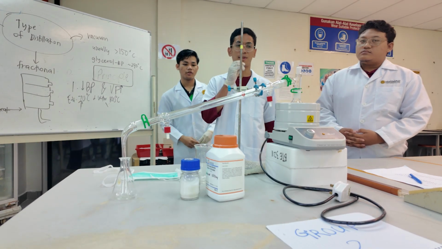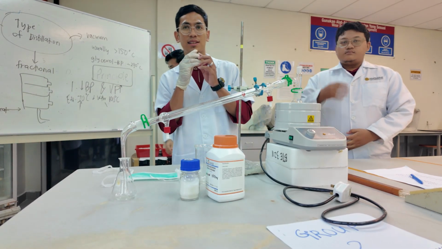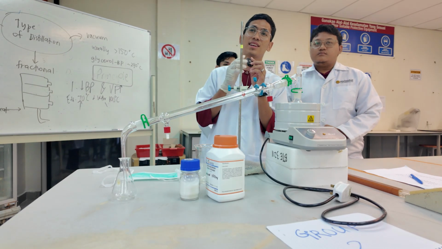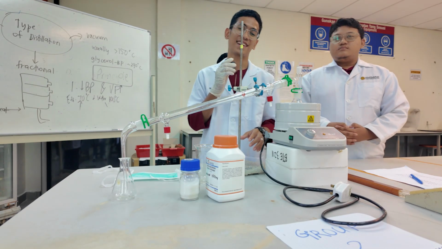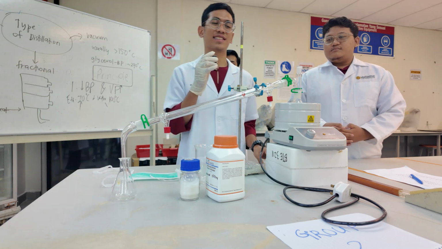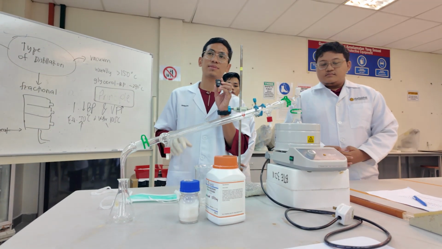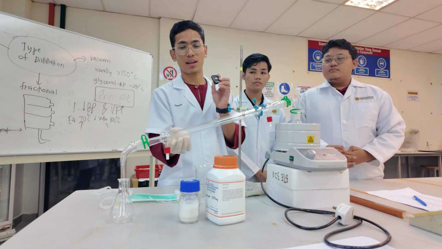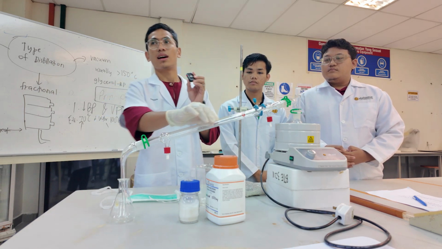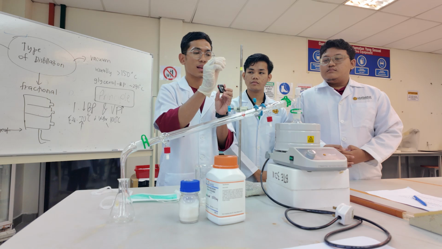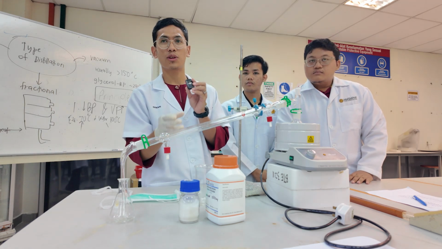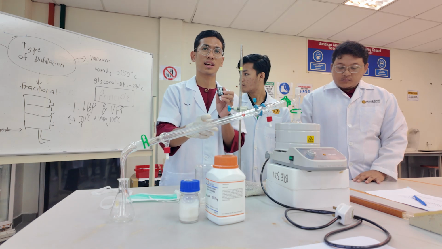Next process. What do you guys think the next process is? Okay, the next process is the condensation process. Condensation occurs in the condenser, where the vapor changes into liquid.